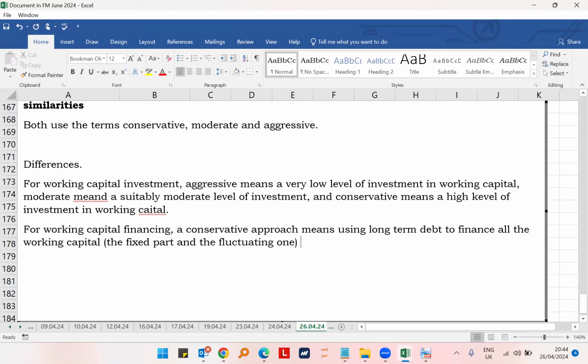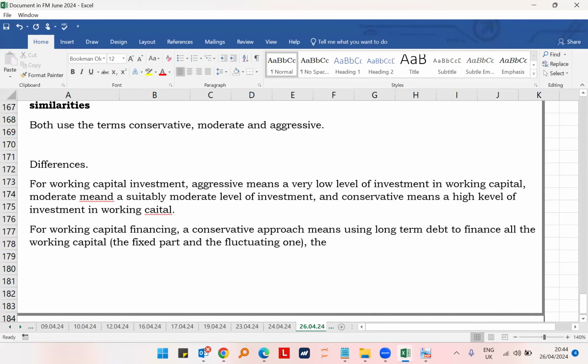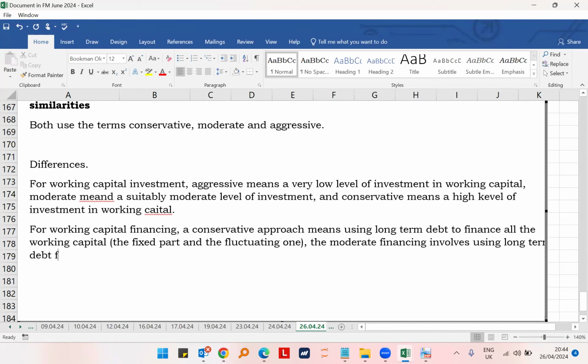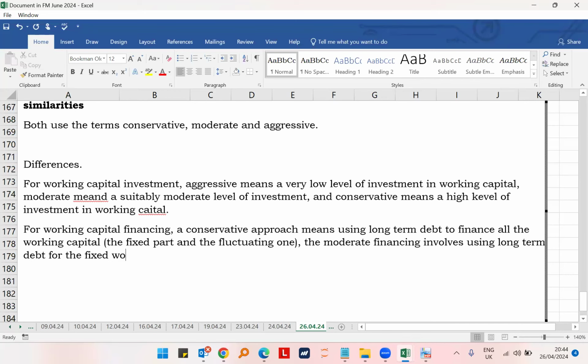Then you can say the moderate financing involves using long term for the fixed part, and short term for the fluctuating one.